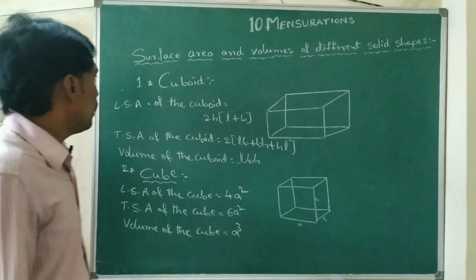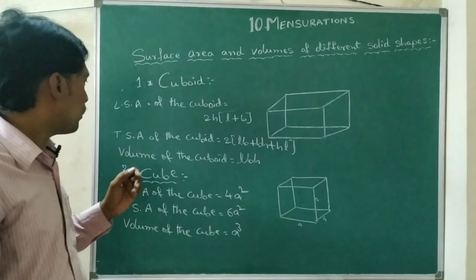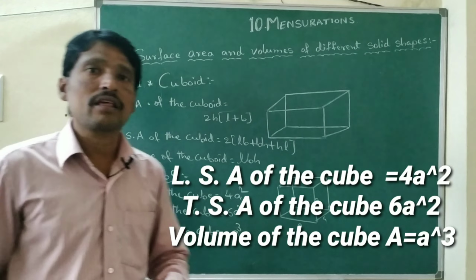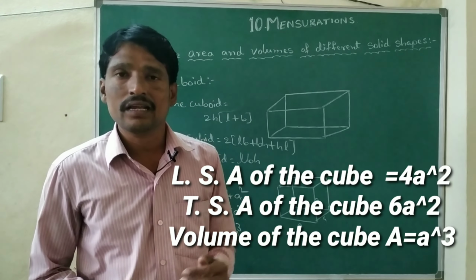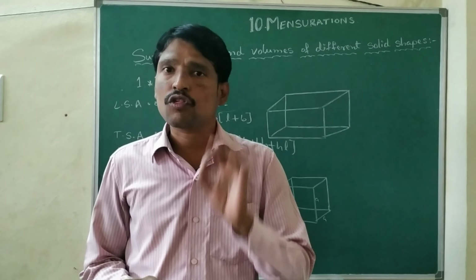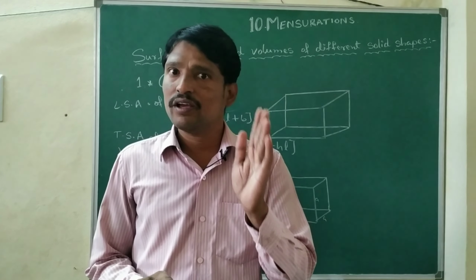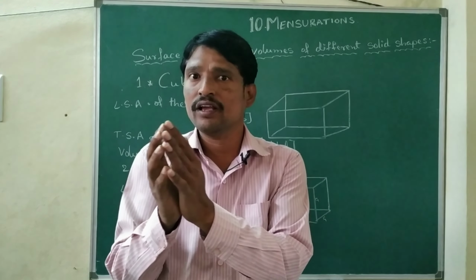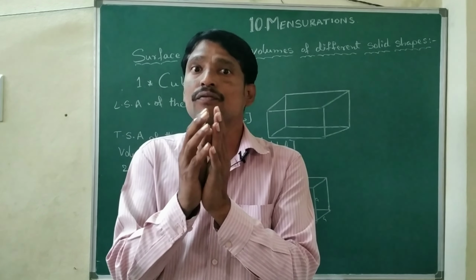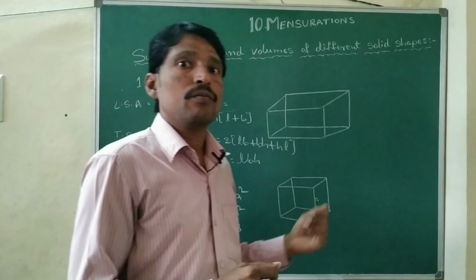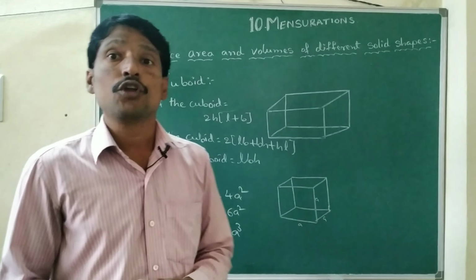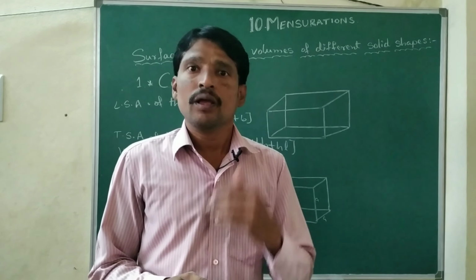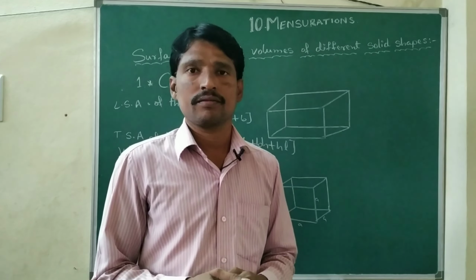So here lateral surface area and total surface area we can take in square meters or square centimeters, otherwise square units. So area is always in the form of square units. Volume we take in cubic units or cubic meters or centimeters.